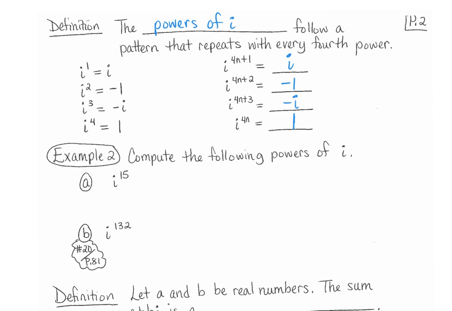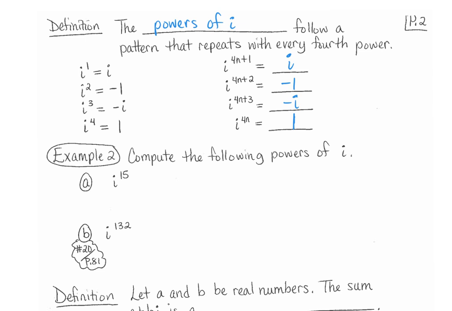So we want to compute the following powers of I. We have I to the 15th. We learned this so we don't have to write I times itself 15 times. We can take 15 divided by what? 4. Good.